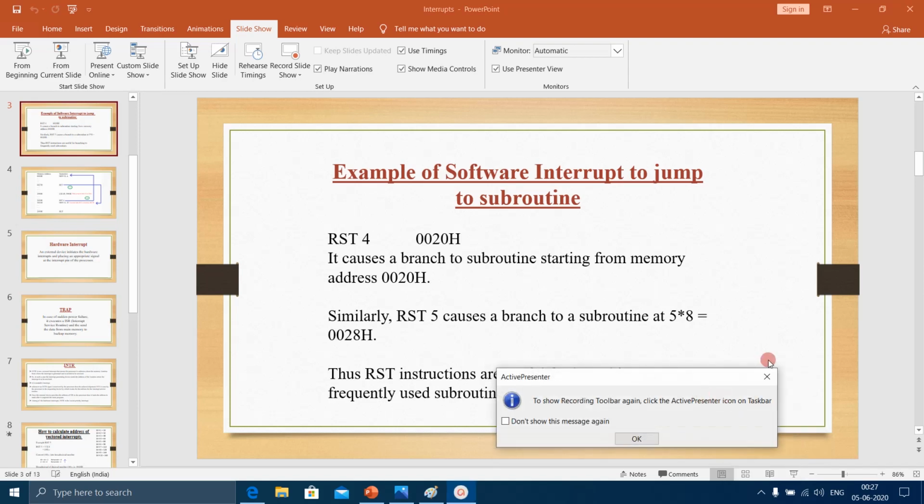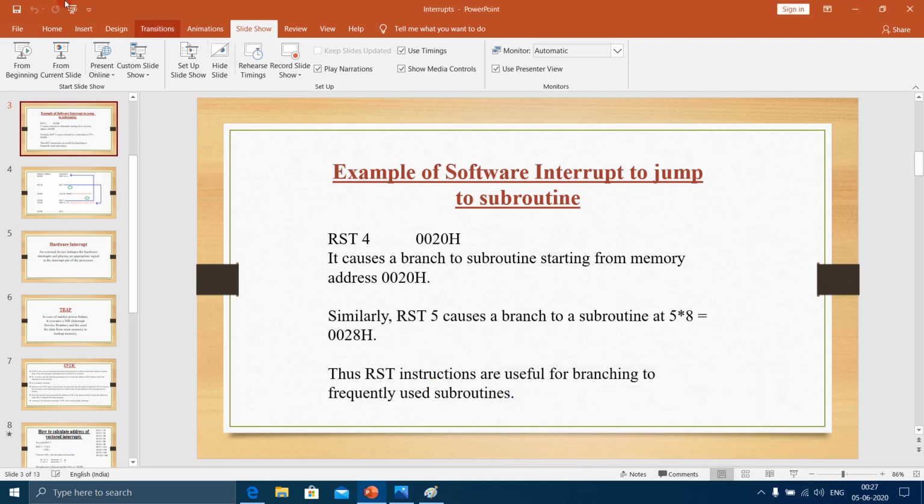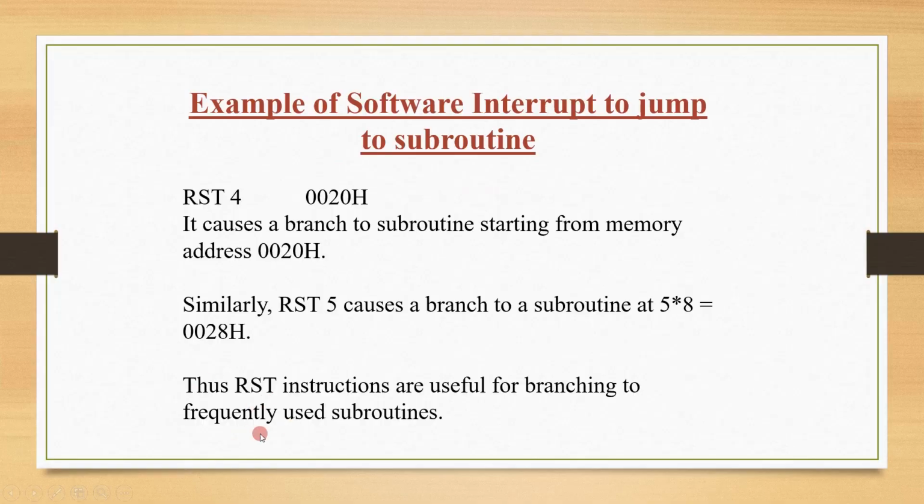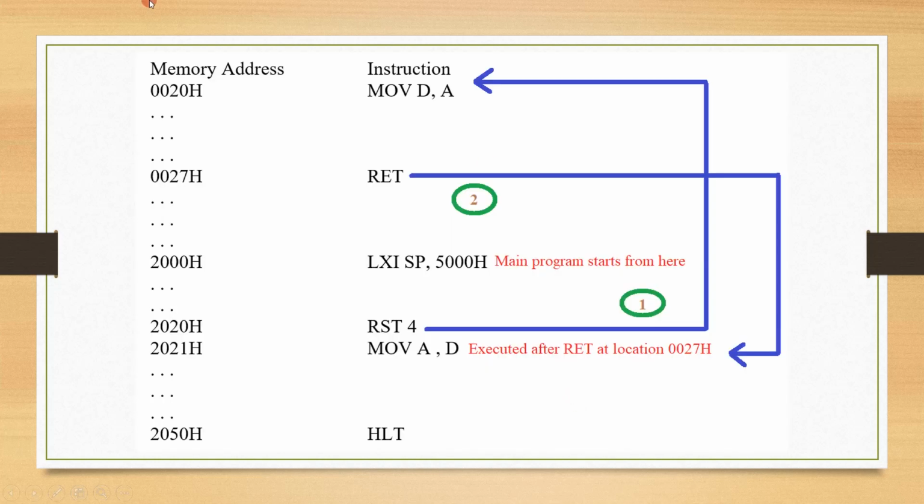The subroutines which are frequently used, at that time we use RST instructions. And the software interrupt routines are 8, from RST0 to RST7. So I hope this is clear to you.